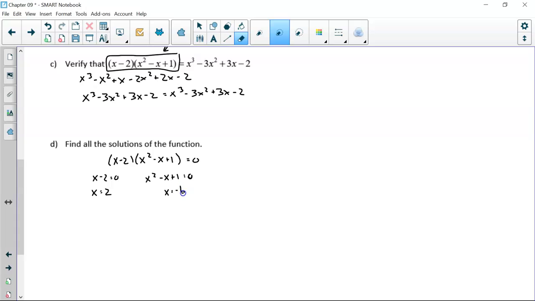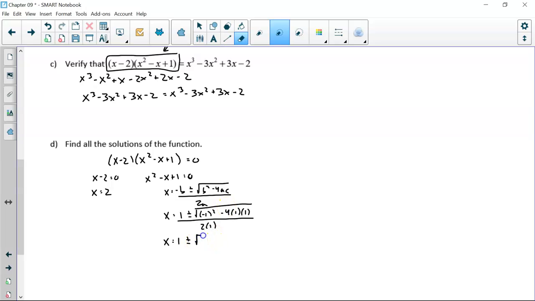x equals the opposite of b plus or minus the square root of b squared minus 4ac, all divided by 2a. So the opposite of negative 1 is 1 plus or minus the square root of negative 1 squared minus 4 times 1, all divided by 2 times 1. So x equals 1 plus or minus 1 squared is 1 minus 4.